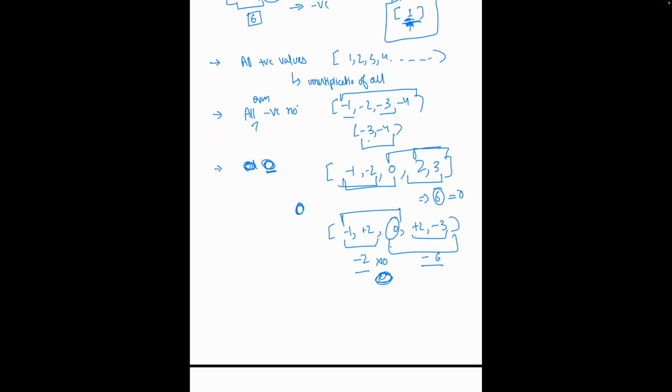So whenever 0 comes, we have to figure out the prefix on the left and the suffix on the right. If they are negative, then we return 0. If not, then that's going to be the maximum itself, because if it's positive, then we should exclude 0.